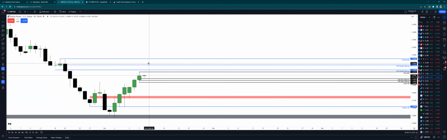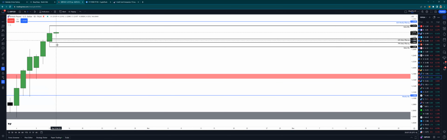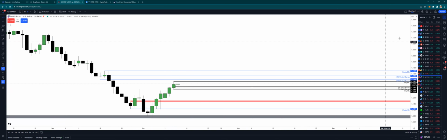I expect us to continue higher, but tomorrow I expect us to get a pullback down into today's discount range, discount PD array from today's trading range, right? And continue higher for the rest of the week.